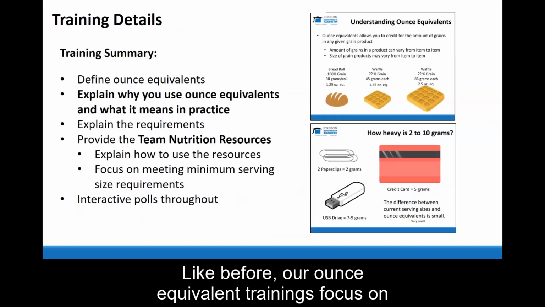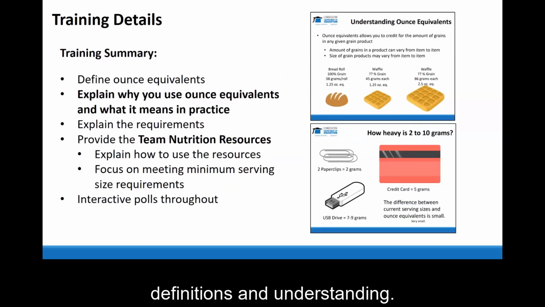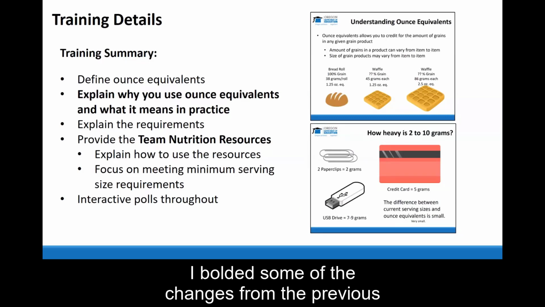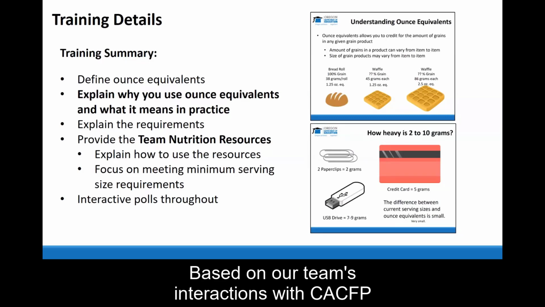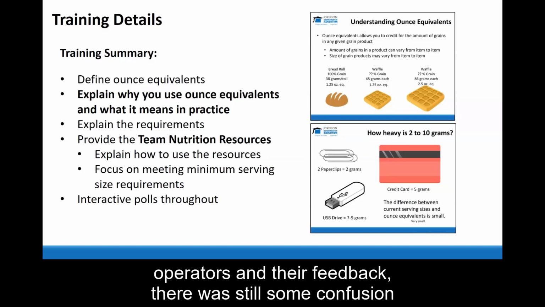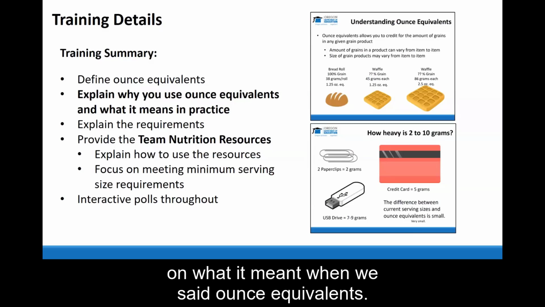Like before, our ounce equivalent training focused on definitions and understanding. I bolded some of the changes from the previous webinar on the screen. Based on our team's interactions with CACFP operators and their feedback, there was still some confusion on what it meant when we said ounce equivalents.